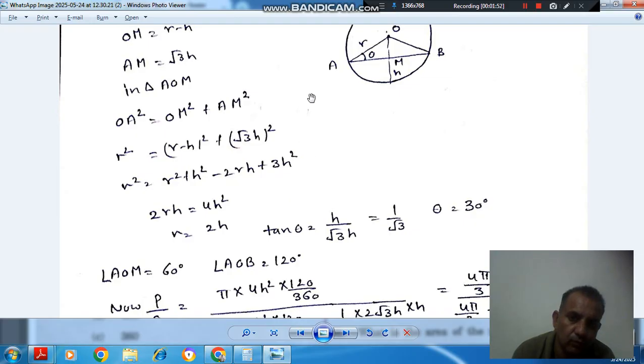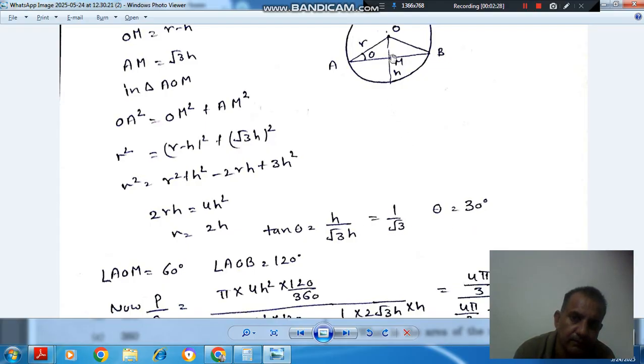So if R is 2h, then the angle theta, because AM is root 3 h, and OM will be h, because R is 2h, so h by root 3 h, tangent theta will be 1 by root 3, or theta will be 30 degrees.